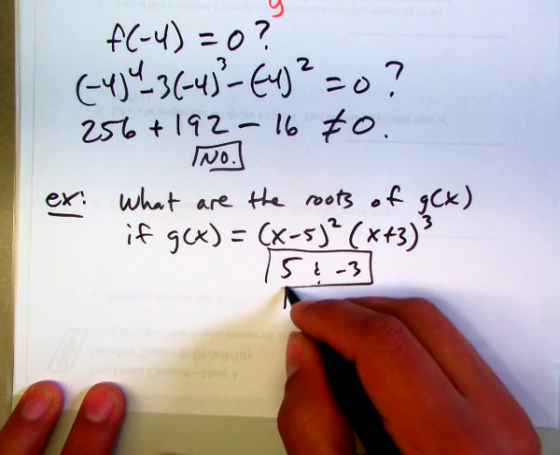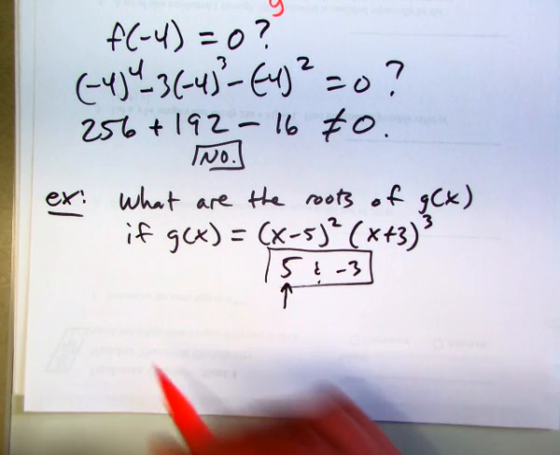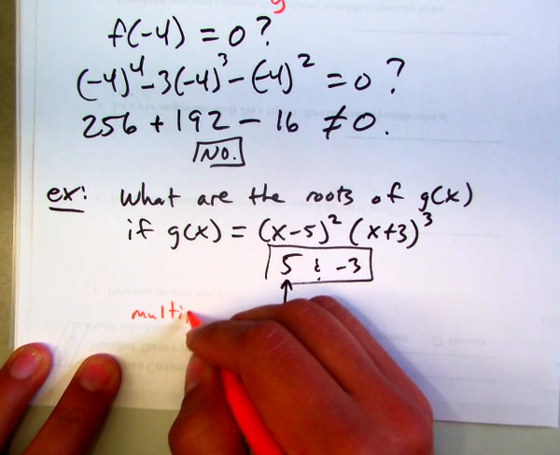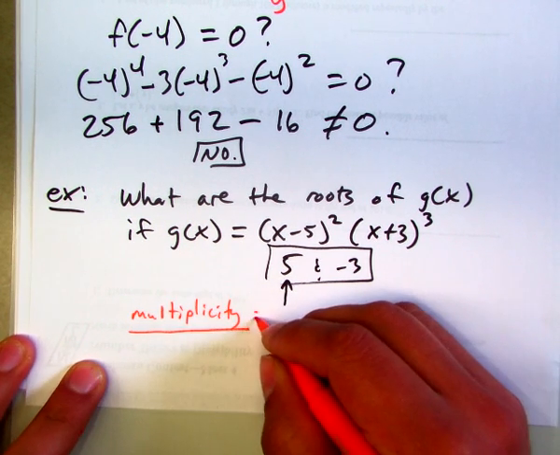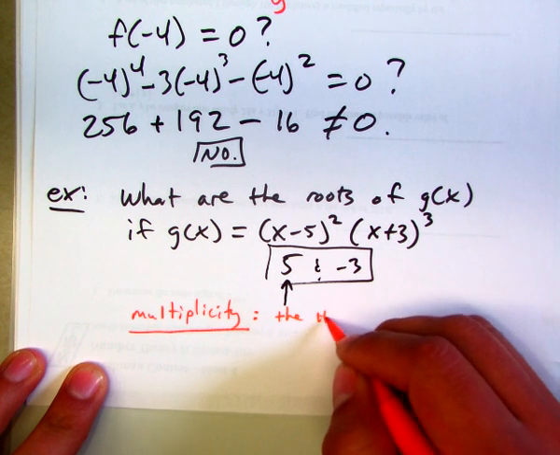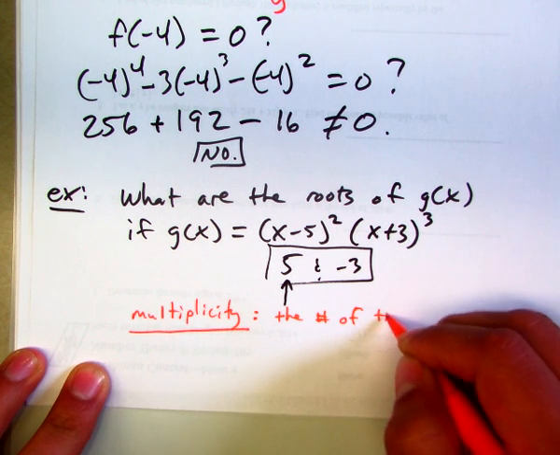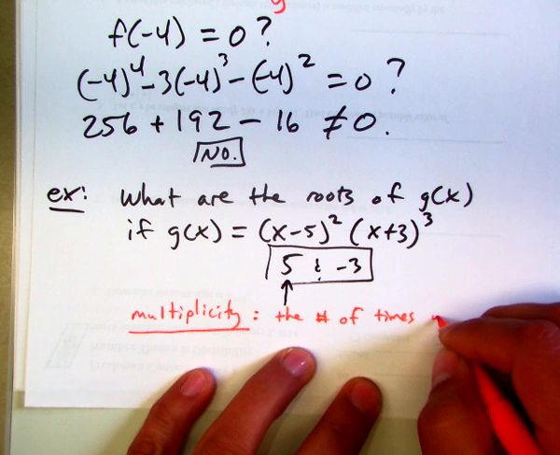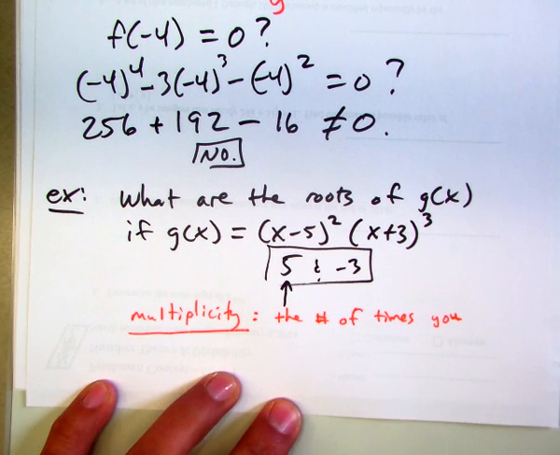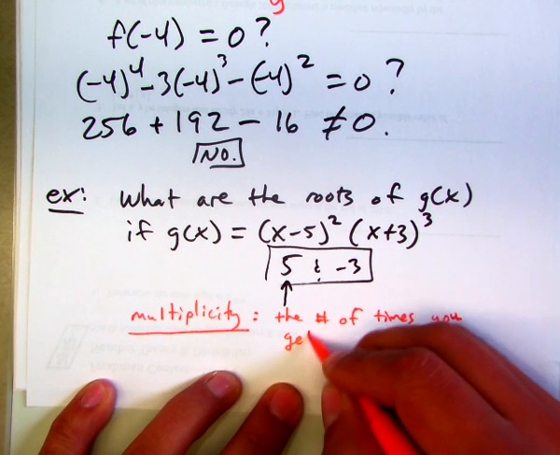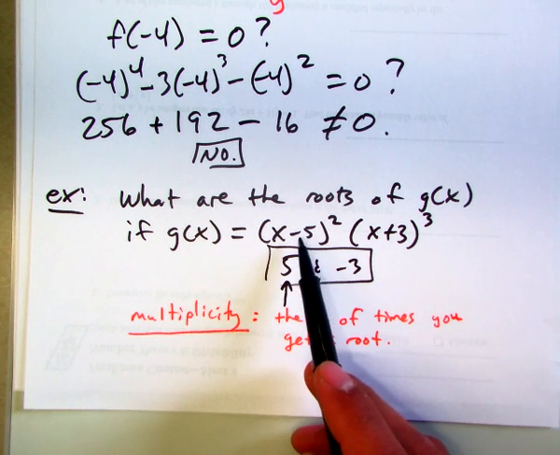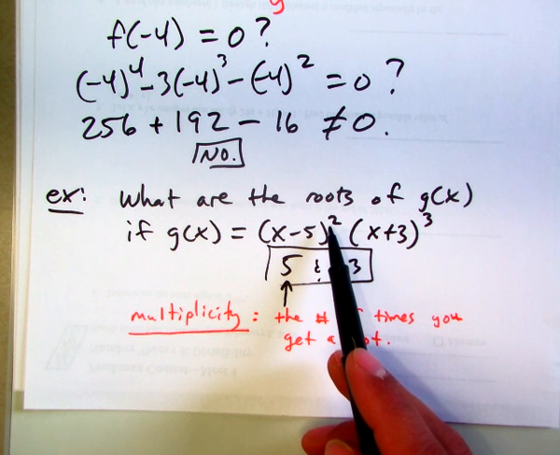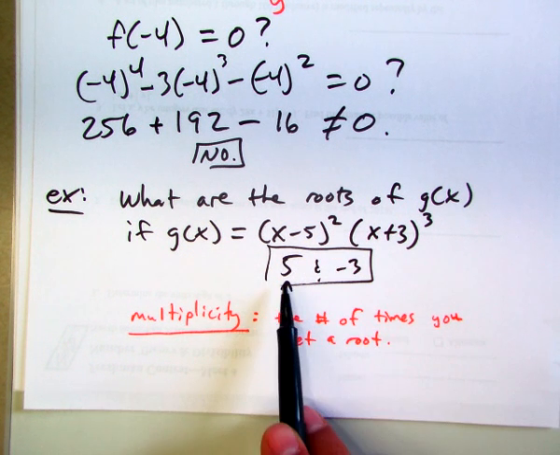This is where I'm going to introduce a new word called multiplicity. I'll use my own terminology: it's the number of times you get a root. What I mean by that is, if x minus 5 is squared and you set each single factor equal to 0, how many times would 5 be a root?